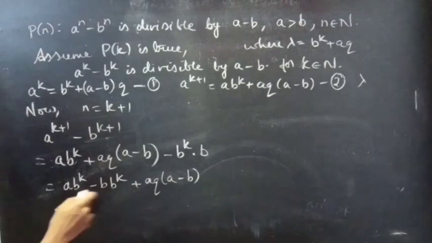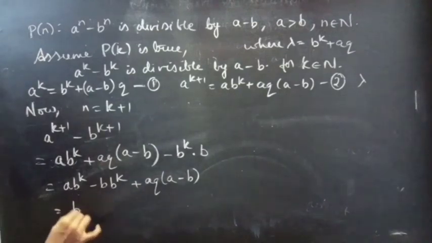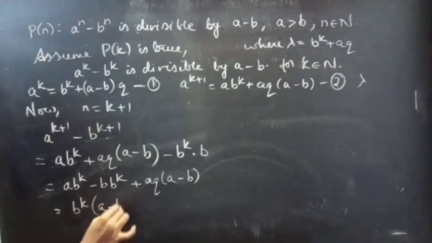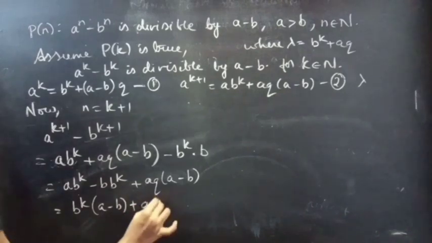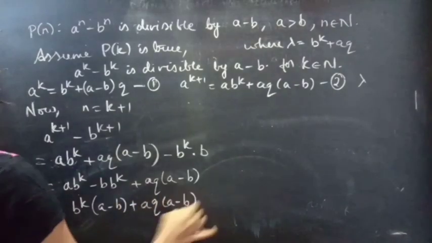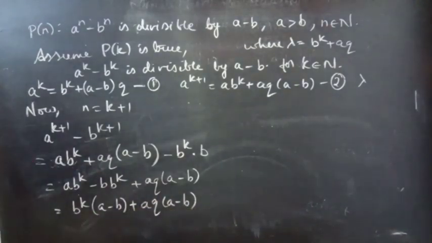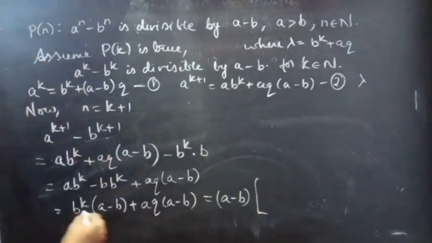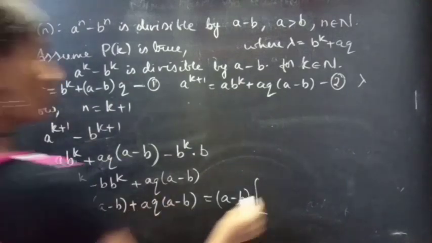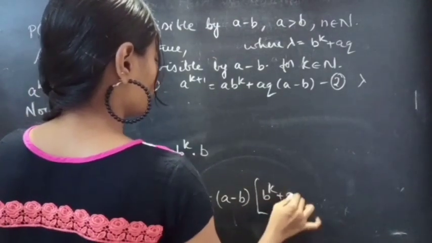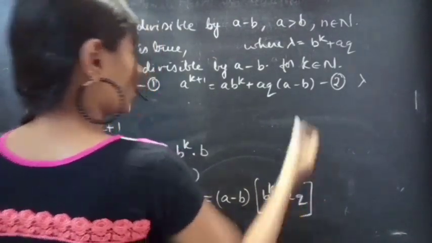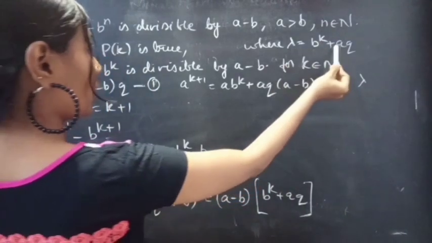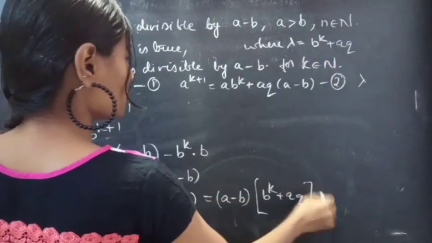Now we can take b power k common from these two terms. You'll get b power k times a minus b. Now let's take a minus b common from these two terms. You'll get a minus b times b power k plus aq, where b power k plus aq is lambda, since this is a quotient, right?